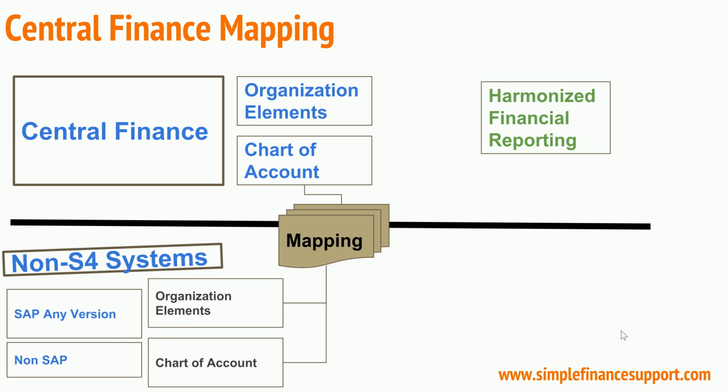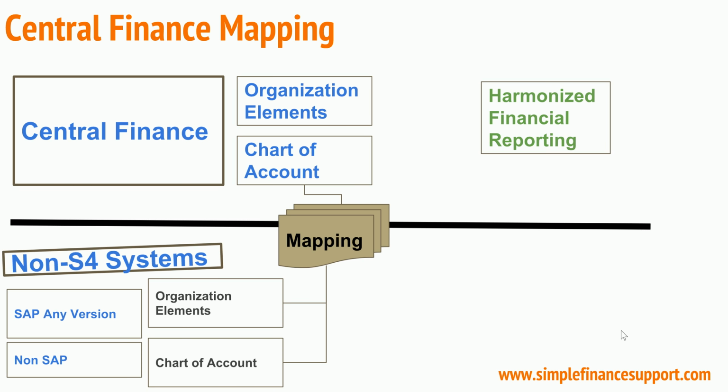For example, in Oracle applications, if you have an organizational unit, a reporting unit, then you know exactly how you are going to call that in central finance. That mapping exercise is part of your blueprinting, and also the gap analysis, if you have a gap, you will find out. But that mapping exercise is the major activity in central finance.